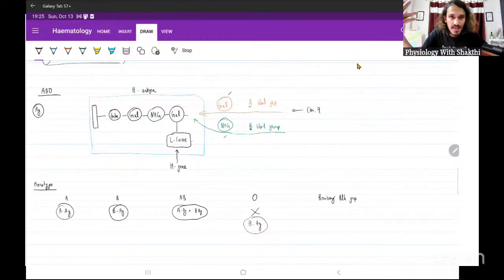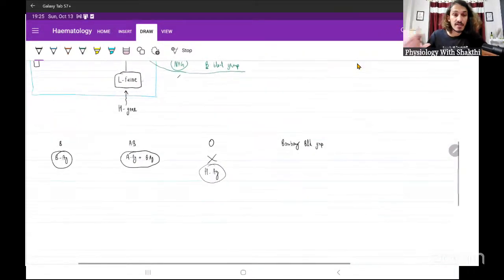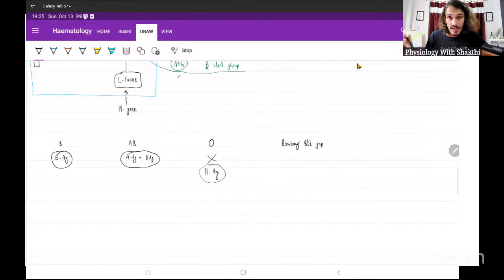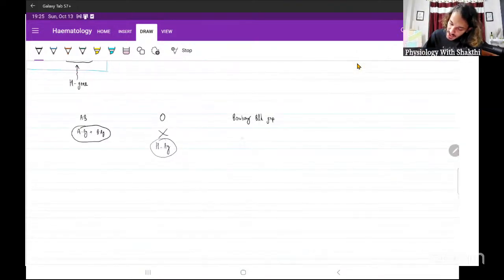It was noticed that they have a genetic defect where they do not have the fucose which is imparted into that. So the basic H antigen is also not there. Even the H antigen is not there.